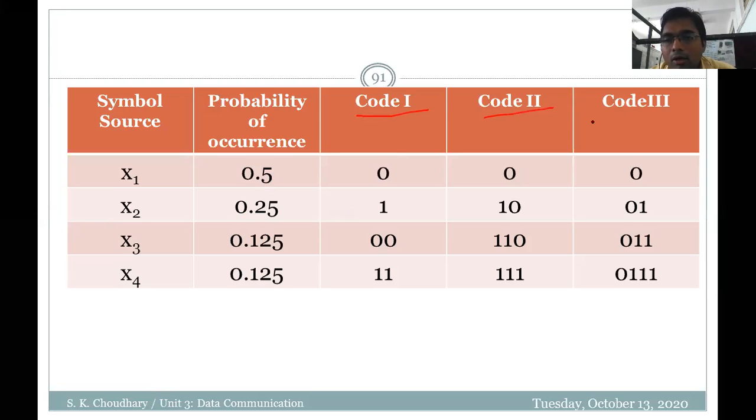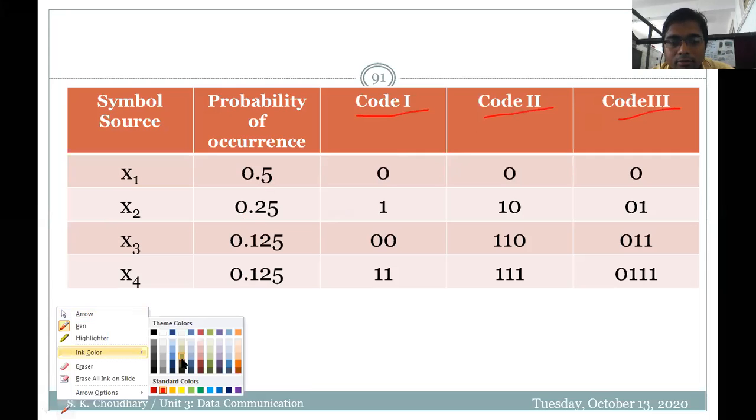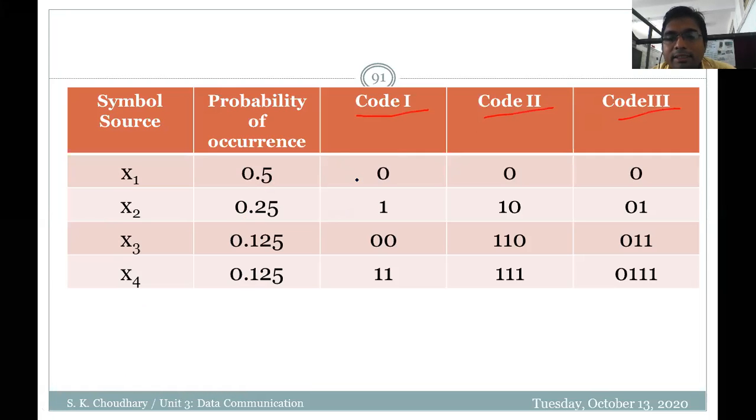Now we have to identify which is the prefix code. If you look at code 1, x1 is coded by only 1 bit, binary 0. So it is the code word for x1.